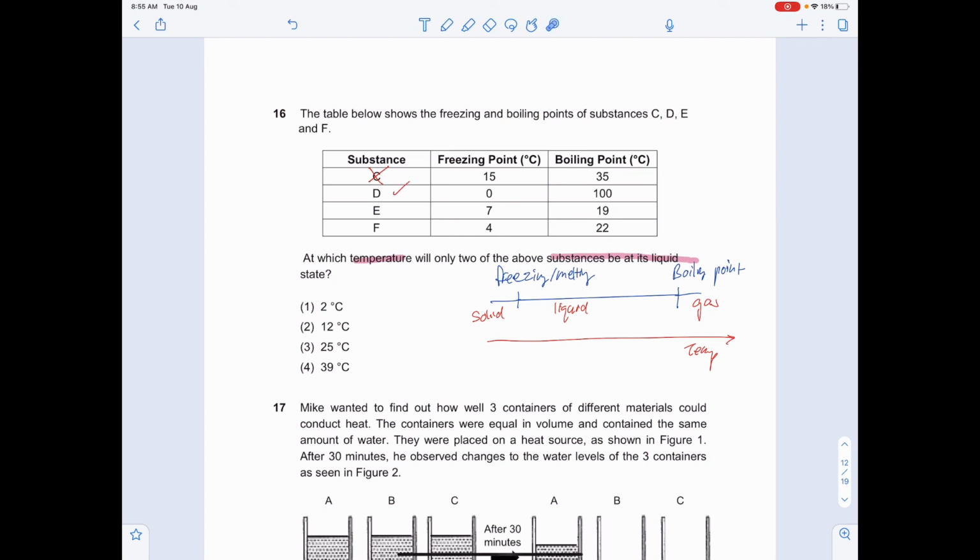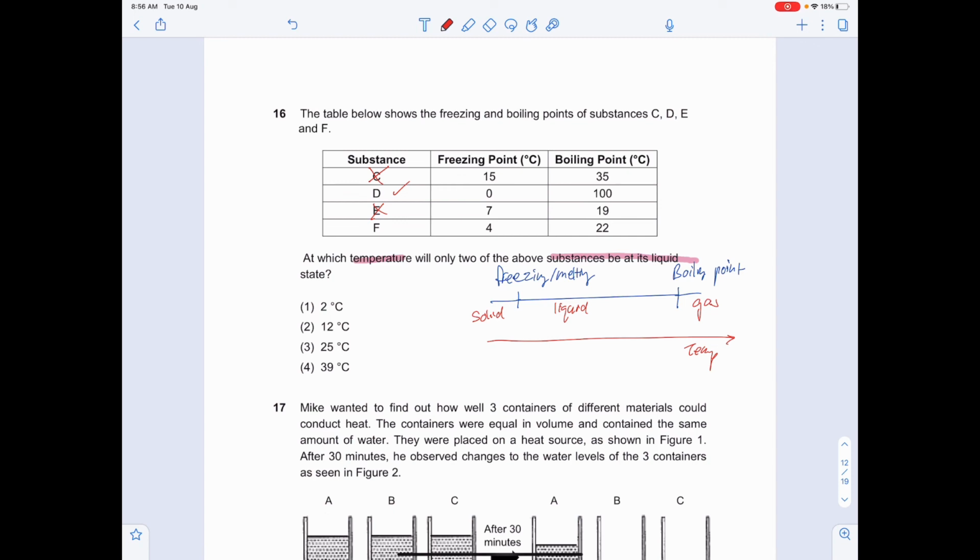And then for E, since the freezing point is 7, at 2 degrees it is still a solid, so this is a no. And then for F, 2 degrees is below 4.